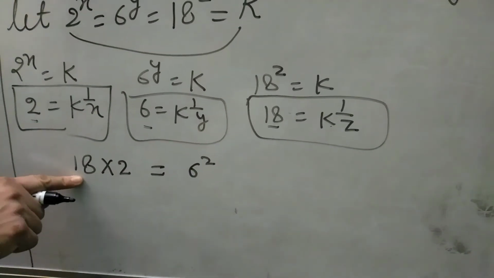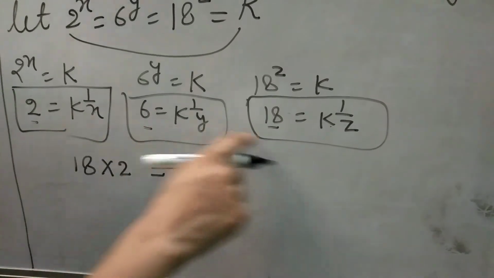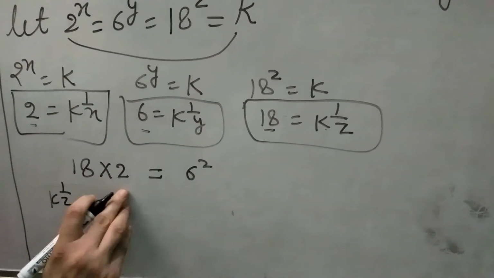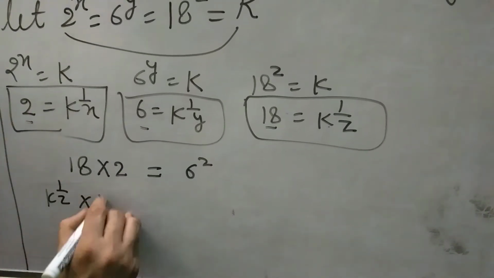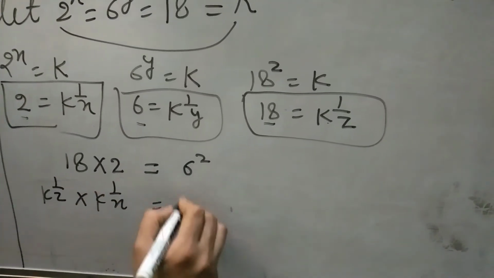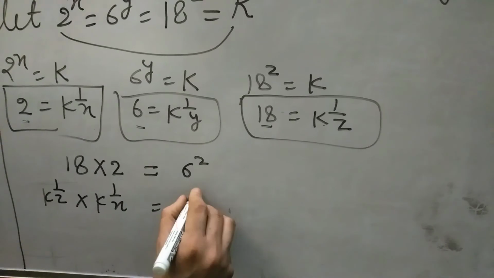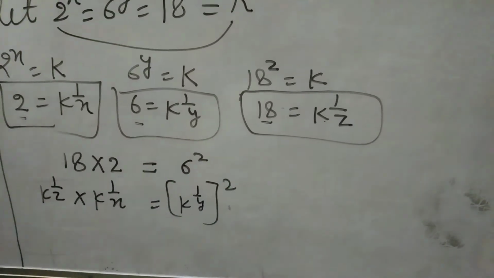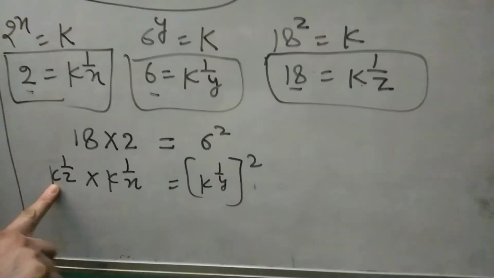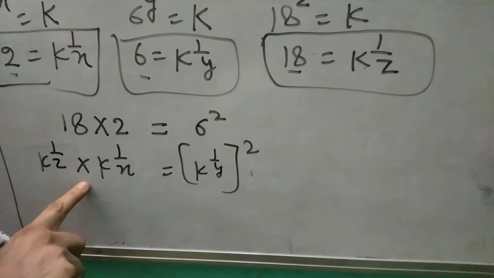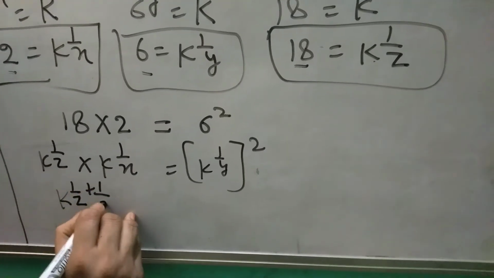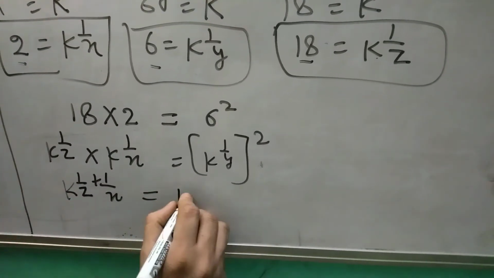So put the values of 18, 2 and 6 from here. The value of 18 is k to the power 1 upon z, multiplied by the value of 2, which is k raised to the power 1 upon x, and the value of 6 is k raised to the power 1 upon y. Since 6 squared is here, we put the square outside the bracket. Both have the same base, and in multiplication the powers are added: 1 upon z plus 1 upon x, equals k.